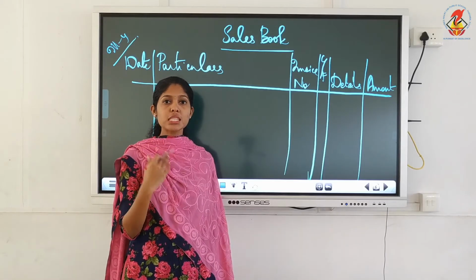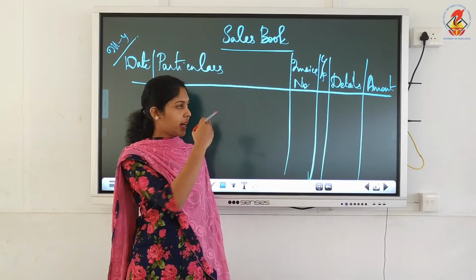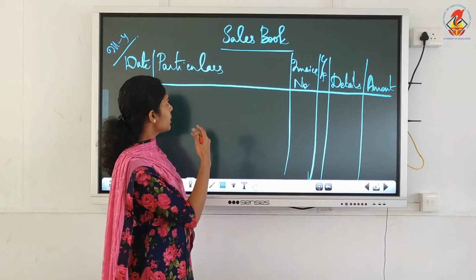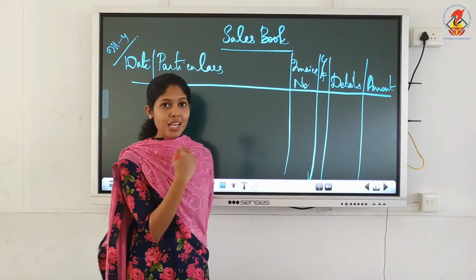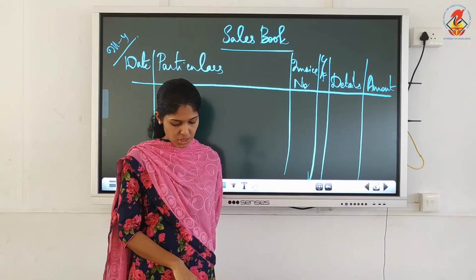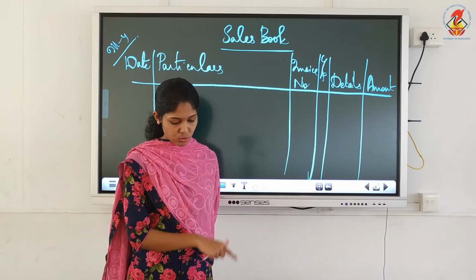The preparation is same like your purchases book. Write seller's name. Sorry, here it's not seller, from whom you purchased. Here we are selling, so to whom we are selling the goods. That means customer's name would be mentioned in the question that you have to write there.